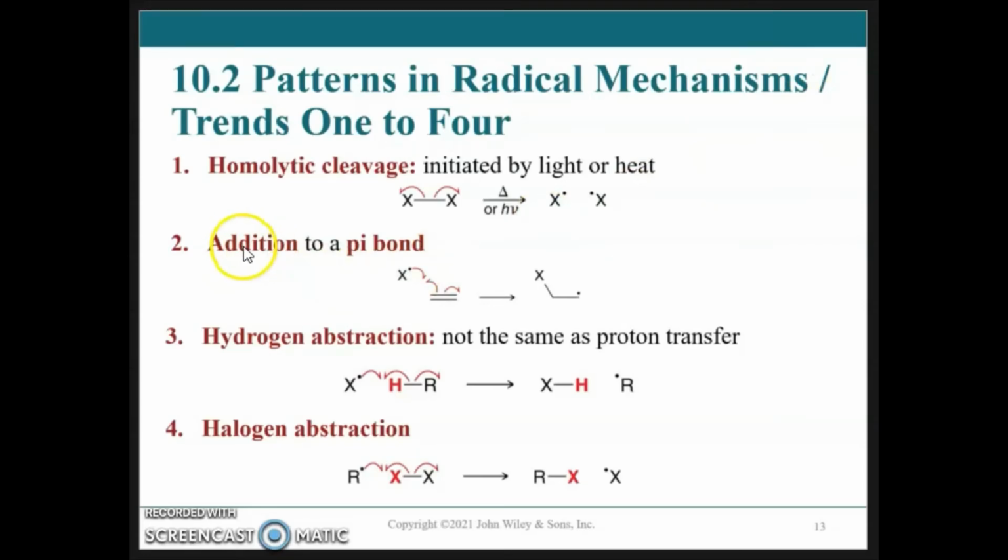The second arrow pushing pattern will be the addition of a radical species to a pi bond. The third is hydrogen abstraction. Now, remember, this is not the same as a proton transfer. There's also halogen abstraction. These two are quite similar.